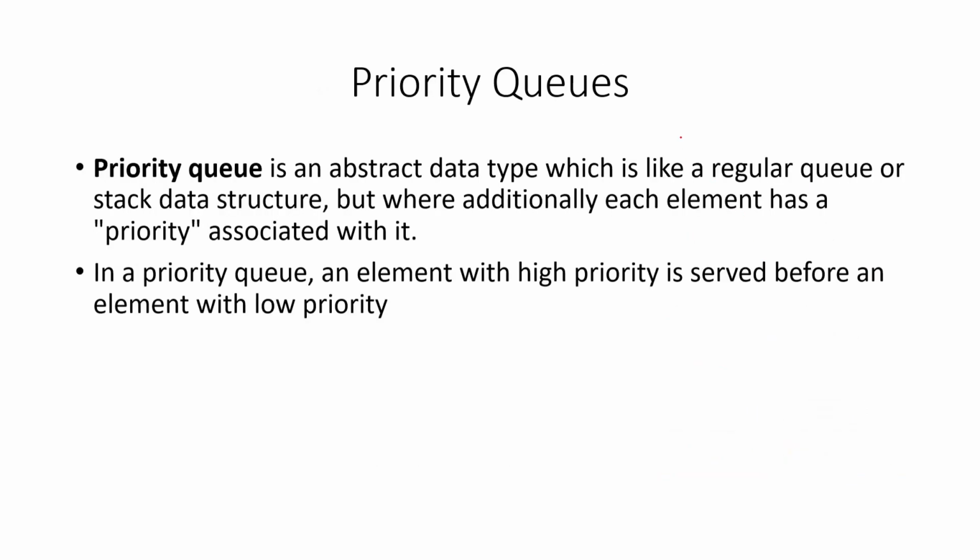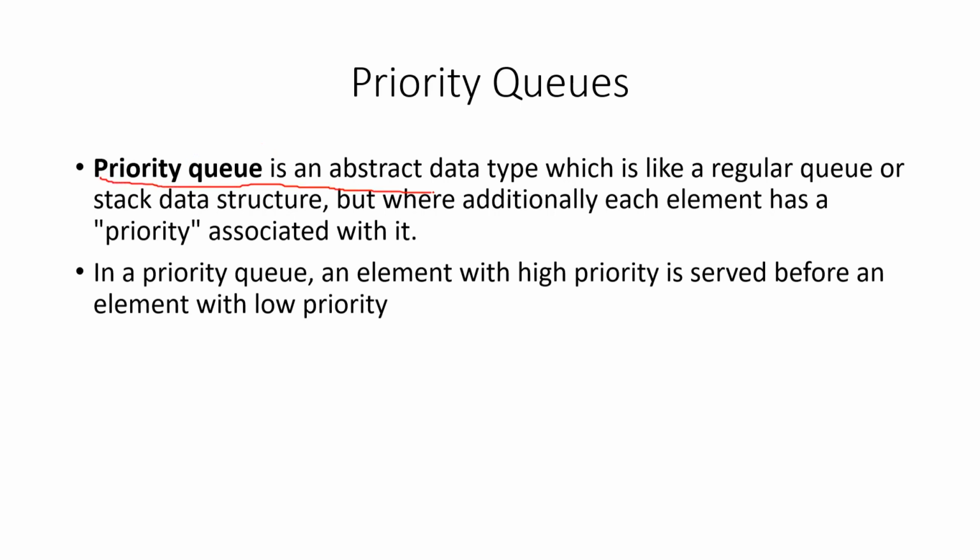And next, I would like to talk about the priority queue. Priority queue is a special kind of data structure where you can give the priority to the elements, and according to that priority you can build the ordering of the nodes or of the elements. So what is a priority queue?